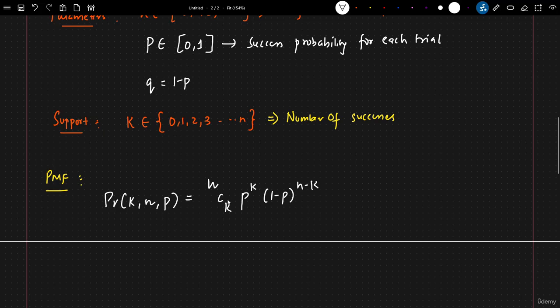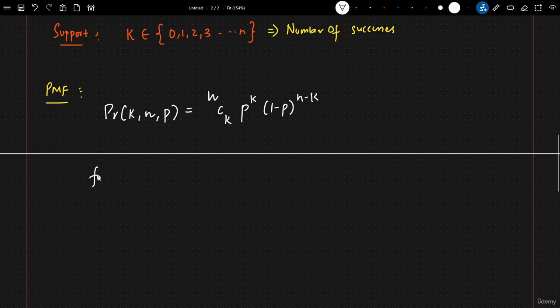But since we are doing it for n trials, my formula looks like this: n c k, p to the power of k, 1 minus p to the power of n minus k, for k equal to 0, 1, 2 up till n.